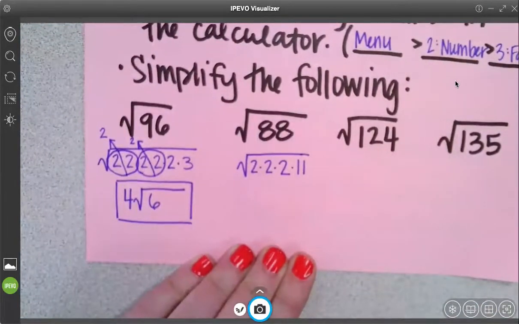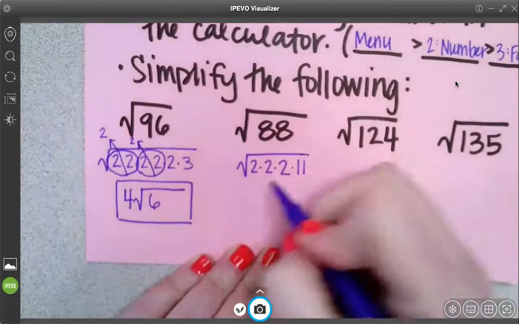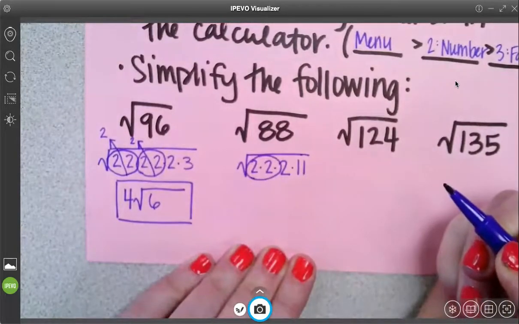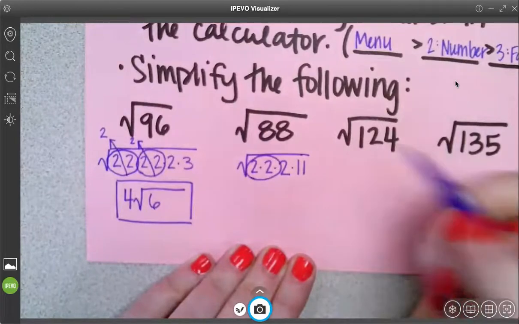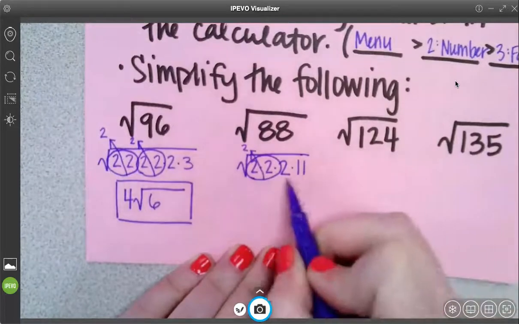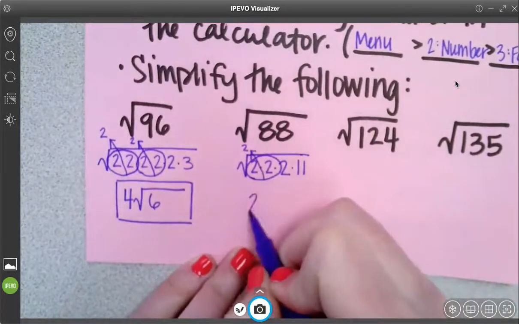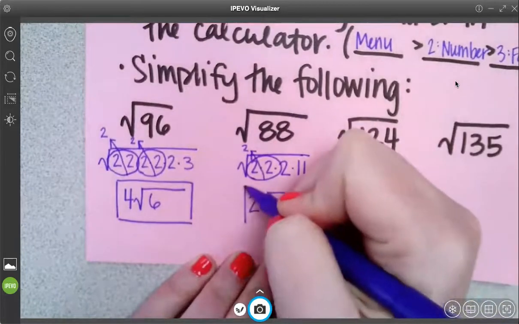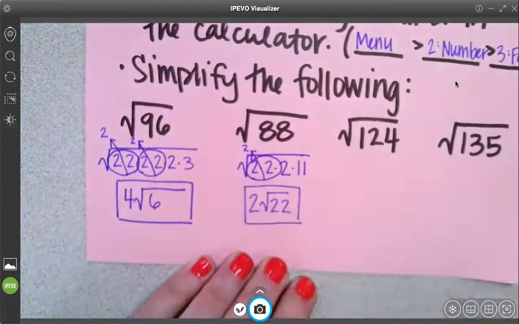Look for groups of factors, pairs of factors rather. See what you can take out. In this particular list of factors, you should only have this single pair, right? 2 times 2 is 4. The square root of 4 is 2. And then you don't have any other pairs left. So you have 2 square root 22 as the simplified version of square root of 88.